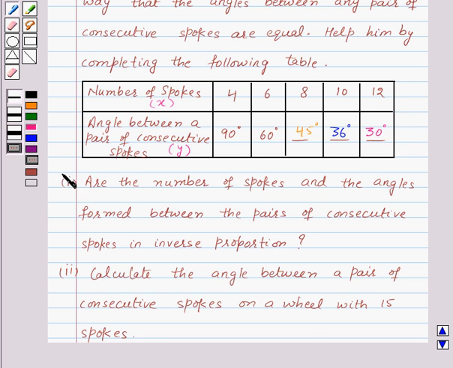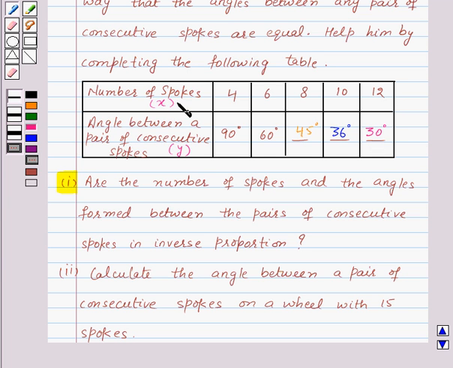Now let us find out the answer of the first part, which says, are the number of spokes and the angles formed between the pairs of consecutive spokes in inverse proportion? Here in the table, number of spokes is increasing, that is 4 to 6, 6 to 8, 8 to 10 and 10 to 12. Also, the angle between a pair of consecutive spokes is decreasing, that is 90 to 60, 60 to 45, 45 to 36 and 36 to 30.